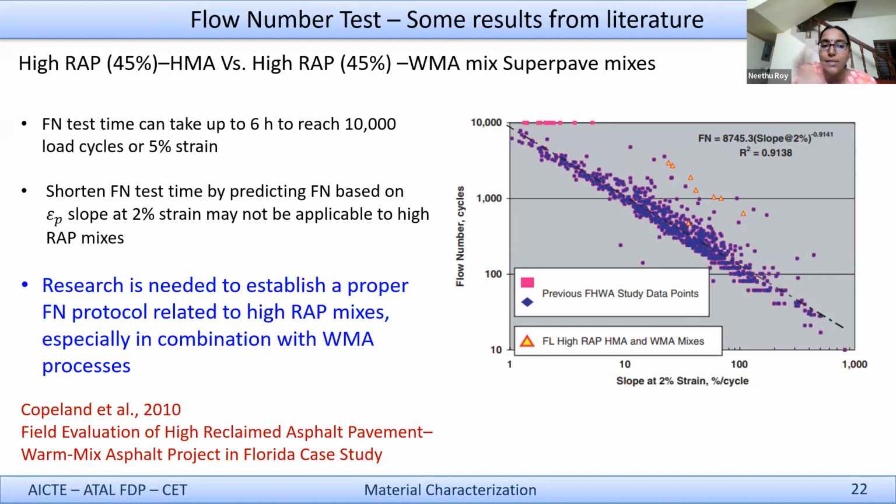So there is scope of research wherein you need to establish a proper flow number testing protocol with high RAP mixtures, especially if you are going to use other additives like a warm mix technology or a foam bitumen technology. Each one of these will respond differently. That is what I want to highlight here.